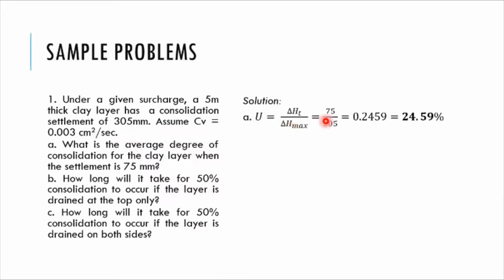So 75 is just how many percent of 305 mm? So 75 over 305 is equal to 0.2459 or 24.59%. So at 75 mm, the soil has just achieved 24.59% consolidation settlement.